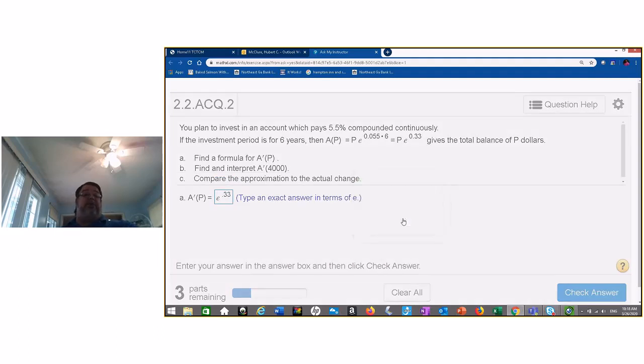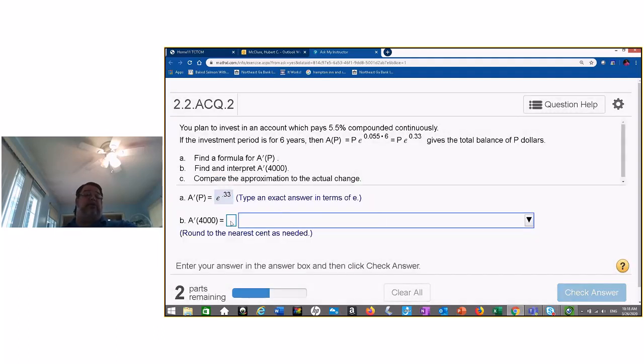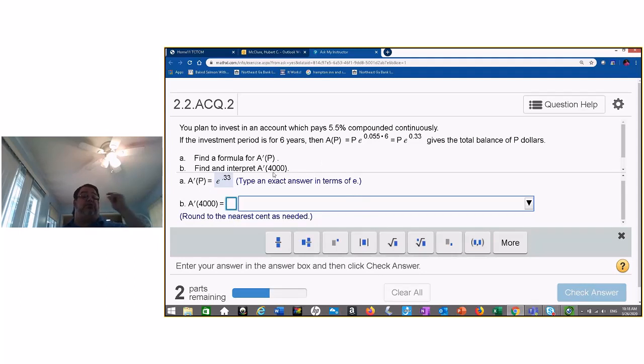Now think about what you're doing. If the investment period is for 6 years, you could plug in 4,000 here, but you can't plug in 4,000 to a constant. So that's going to give you e to the 0.33. Somebody take your calculator and do e to the 0.33.